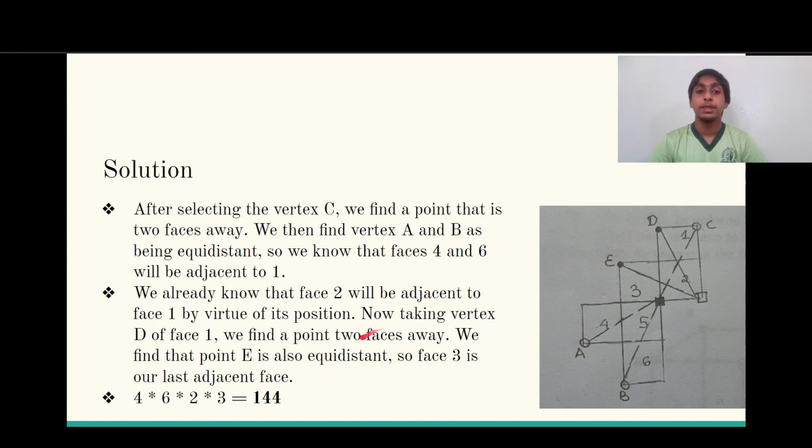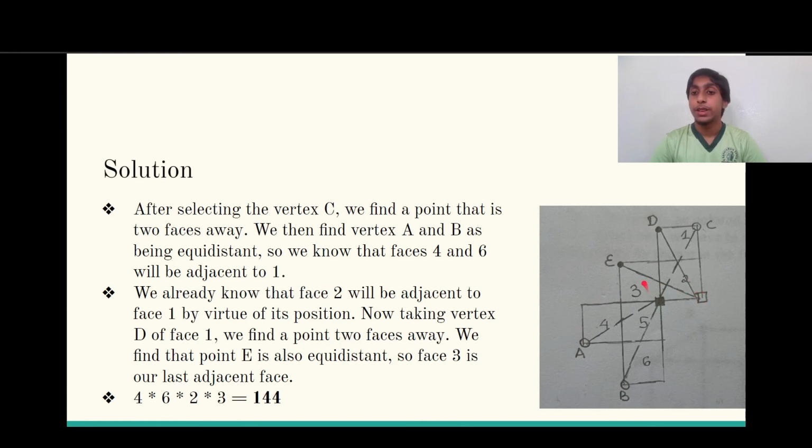Now, taking vertex D of face 1, we find a point 2 faces away. So now we're taking another vertex of face 1, point D. When I draw a line across 2 square faces, I get to this square that I drew right here. I didn't label the point, but I just drew a square. Now, another face which has a vertex which is equidistant is E. E has the same distance away as D to this non-filled in square.